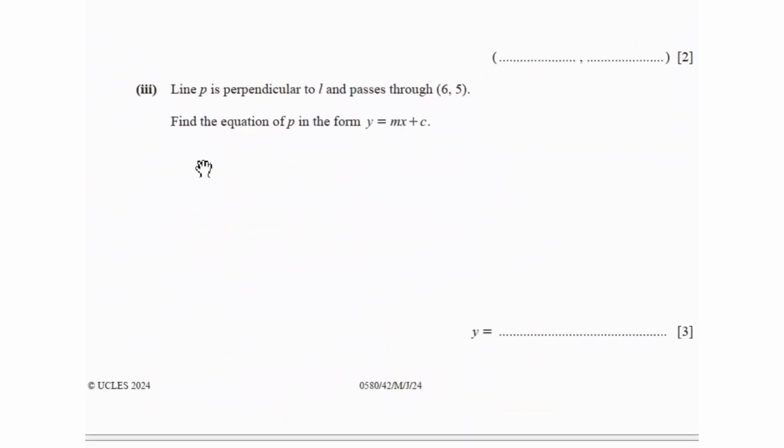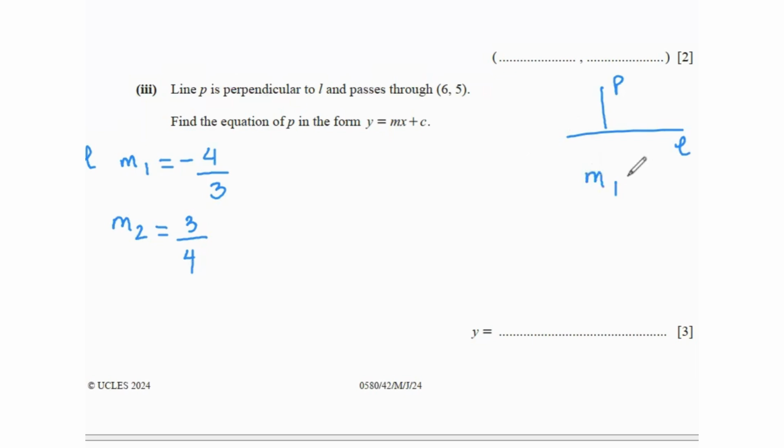Then it says line P is perpendicular to L and passes through (6, 5). Find the equation of P in the form y = mx + c. Line P is perpendicular to L. L had the gradient of -4/3, so m2 would be 3/4 for line P. In perpendicular lines, m1 times m2, the product of the gradients, equals -1.